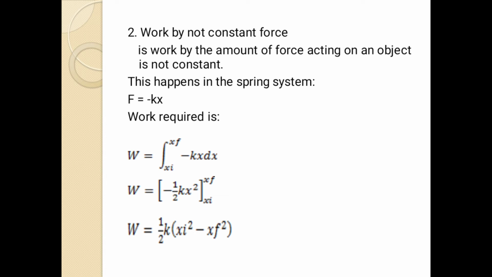Work required is this, and so we get a formula that we often use. This is work equals 1/2 K times (x final squared minus x initial squared).